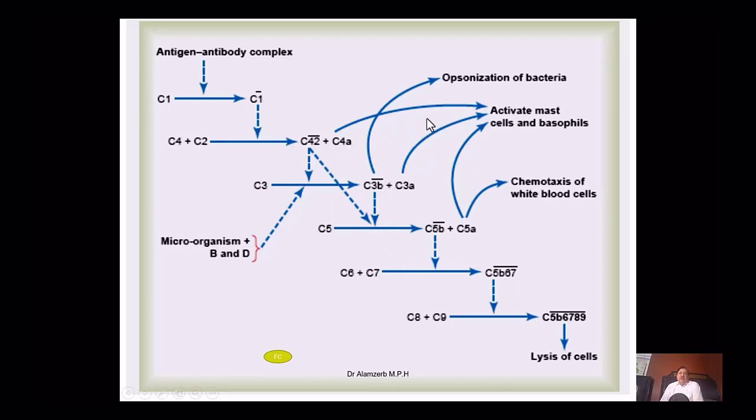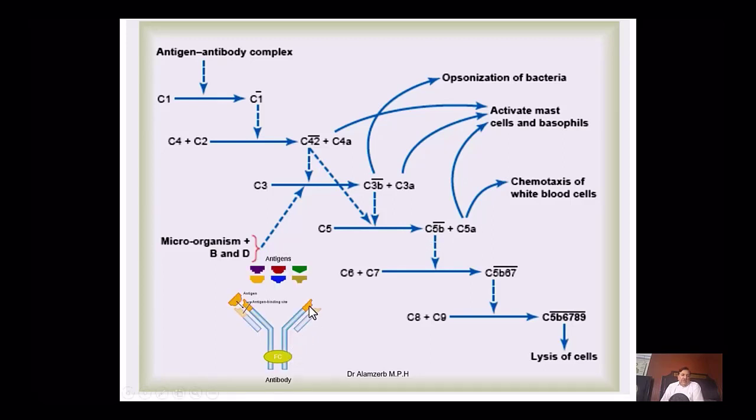The C4 small portion activates the mast cell. Also the C3 activates the mast cell. The C5 activates the basophilic cell, and that releases histamine, bradykinin and anaphylactic substances. That's why this portion of the C protein is called anaphylatoxin.